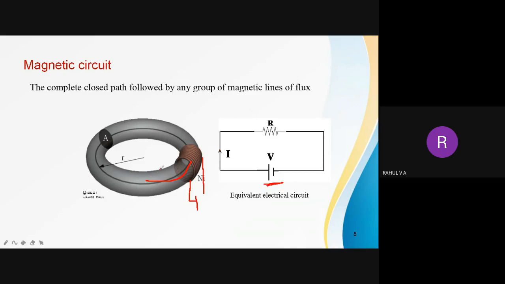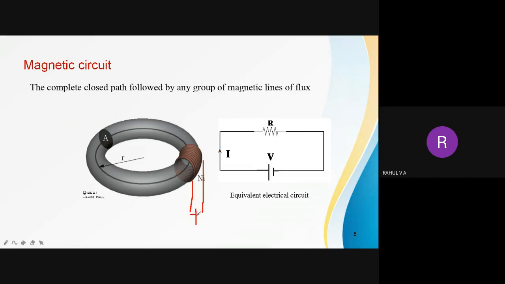Instead of current, what we have in the magnetic field is flux, and there will be some resistance to this flow of flux. That is called reluctance. Similarly, in the electric circuit we have resistance. I am giving a voltage to this.